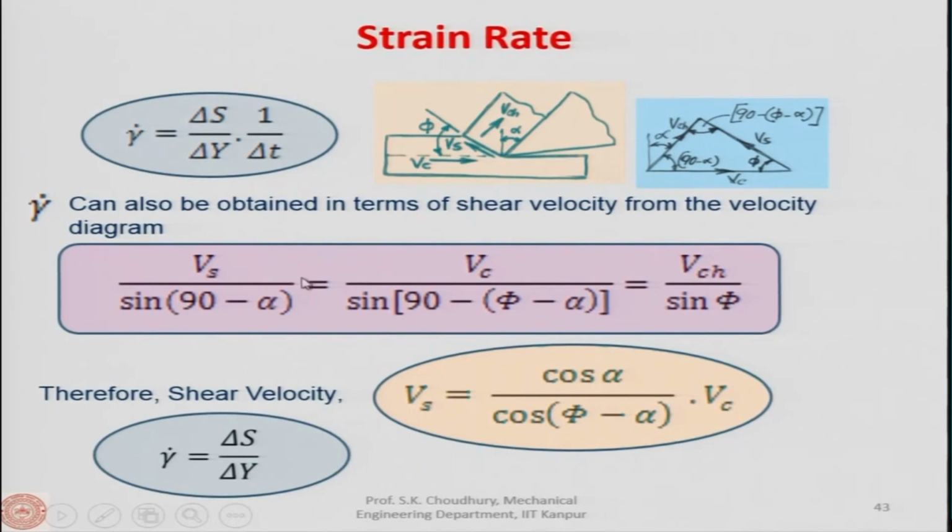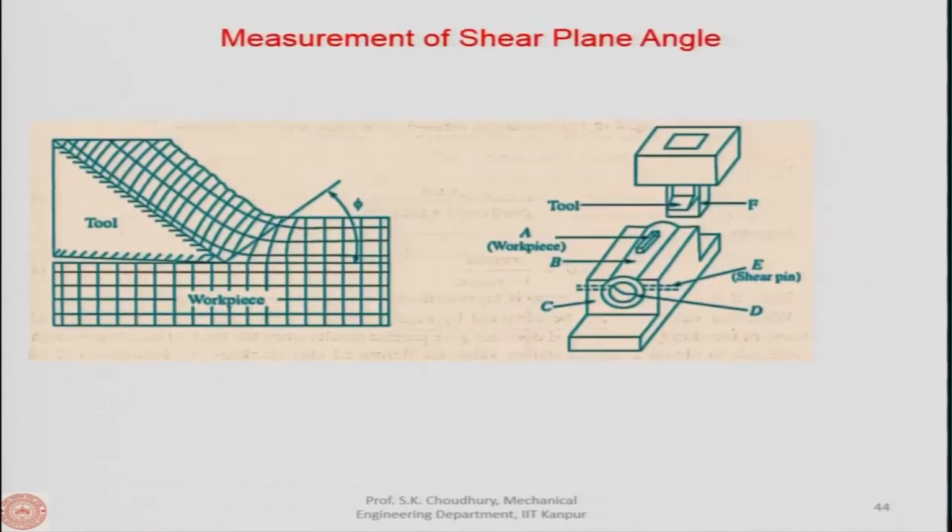Therefore, the shear velocity we are finding out first. Shear velocity is equal to Vc cos alpha, divided by cos of (phi minus alpha), because it is 90 minus (phi minus alpha). So, this is divided by cos of this.